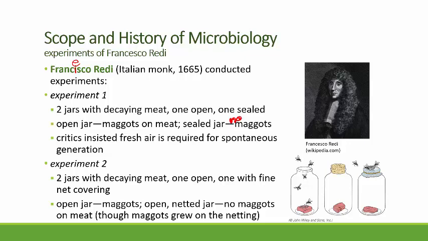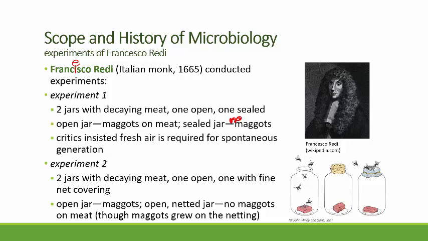What they noticed, though, was that there were maggots growing on the netting itself. So clearly flies were coming to the jar and laying their eggs that hatched out then on the netting, but they didn't have access to the food. So this was one of the earliest attempts that's documented to show that spontaneous generation didn't occur.